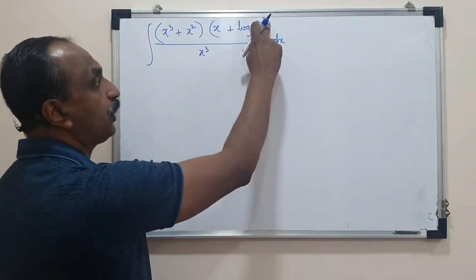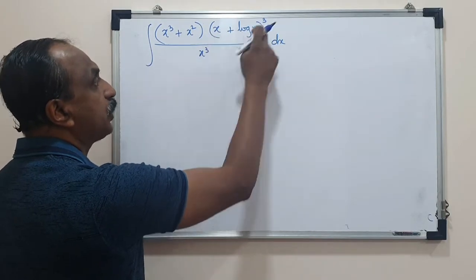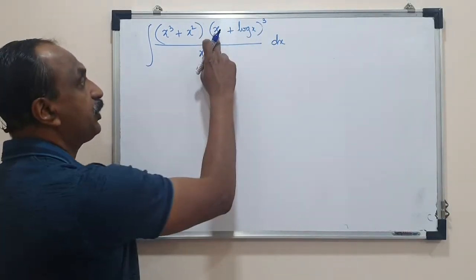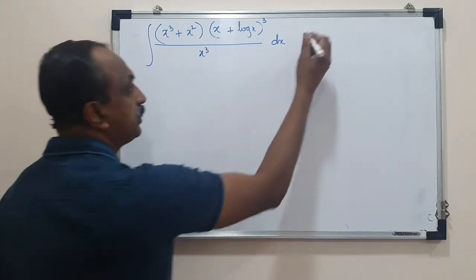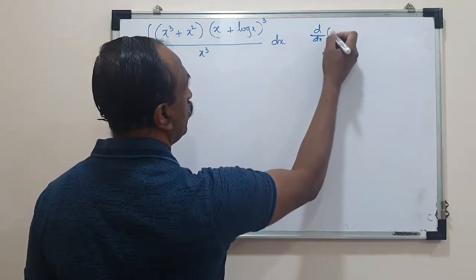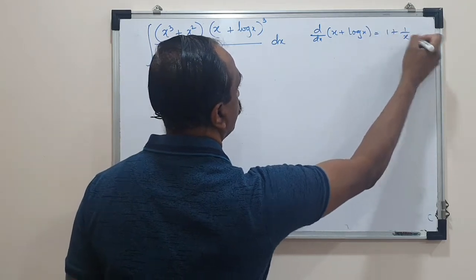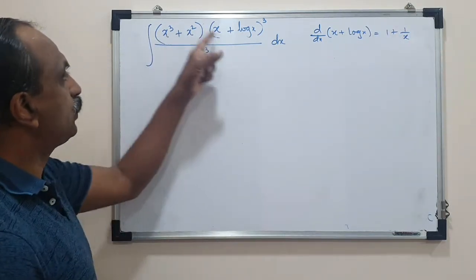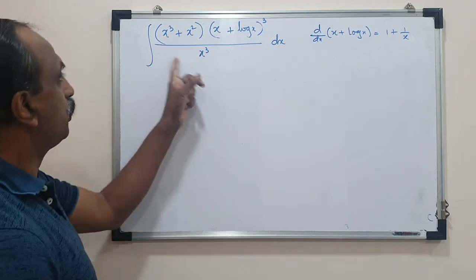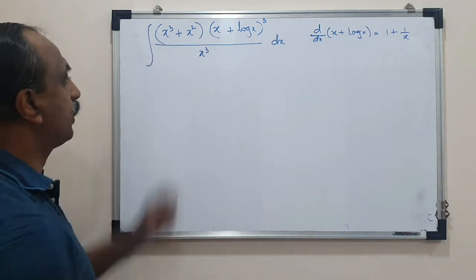Here we can see the power is cube, whole cube. So for the power rule, if you look at it, the base is x plus log x. The derivative of x plus log x is 1 plus 1 by x. Now I don't see a 1 plus 1 by x, but you can manipulate this to create it.